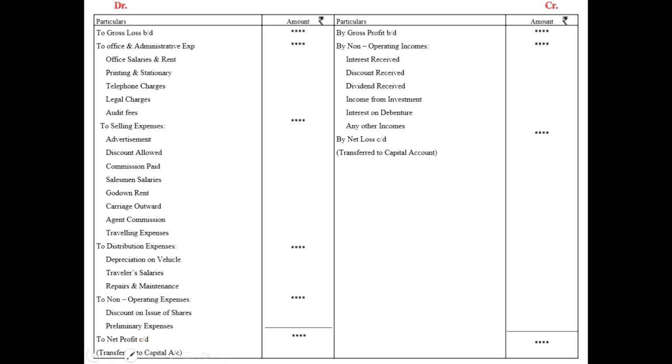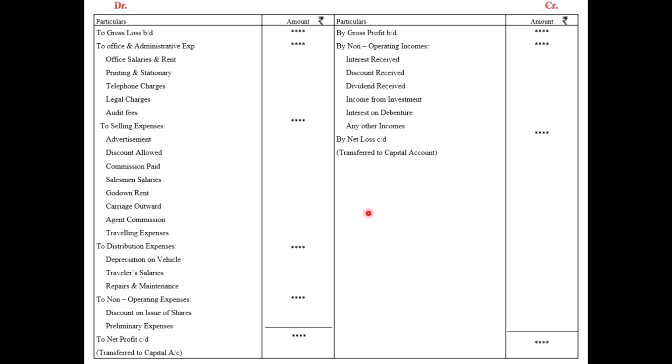If a profit is generated from the operation, we add that amount to the capital account of the balance sheet. If the result of your operations is a loss, we subtract it from the capital account of the balance sheet.